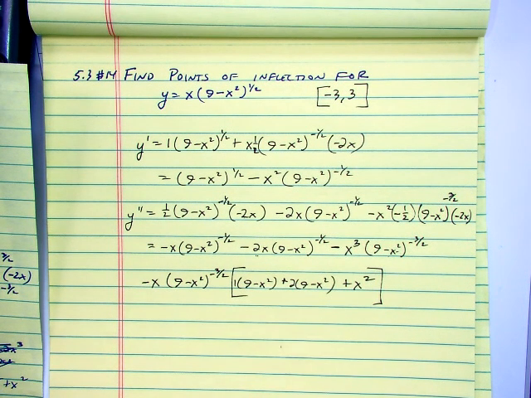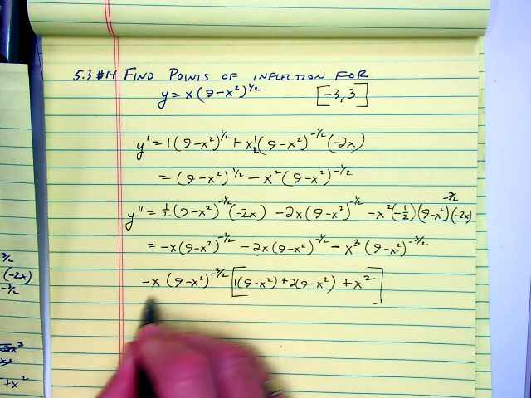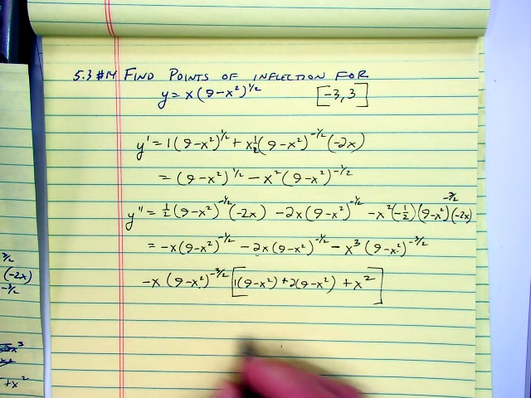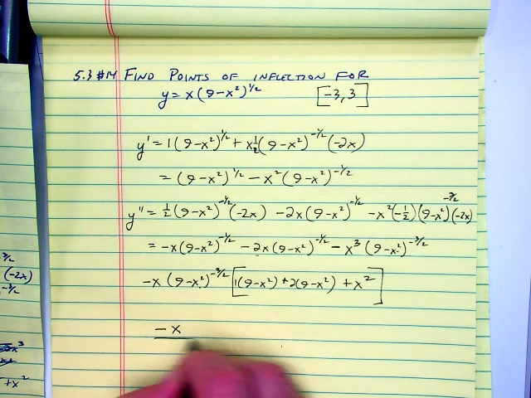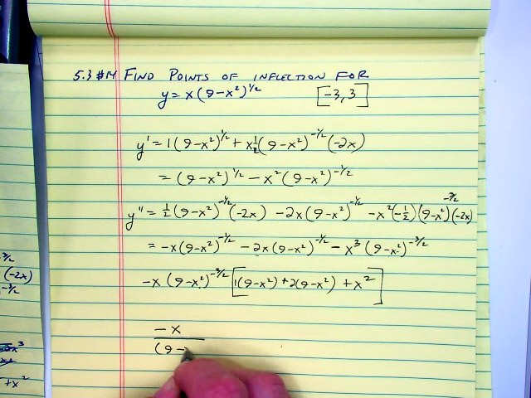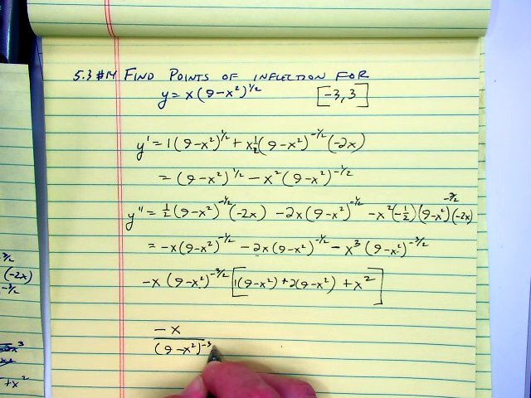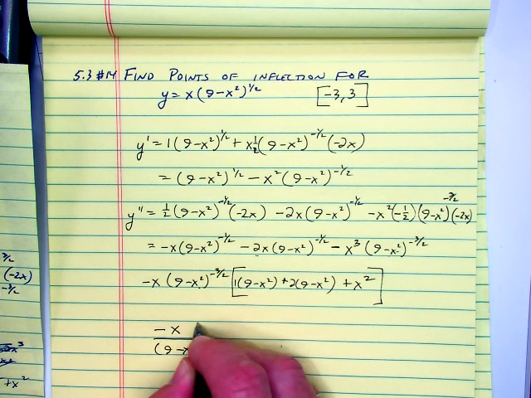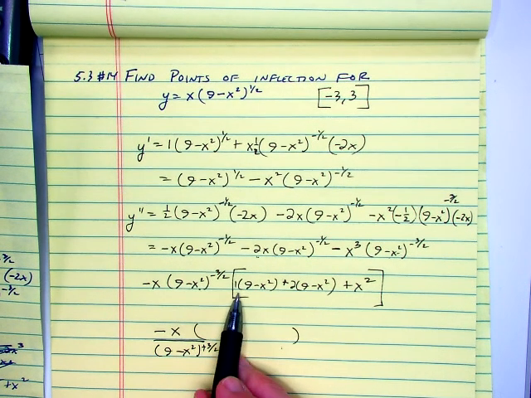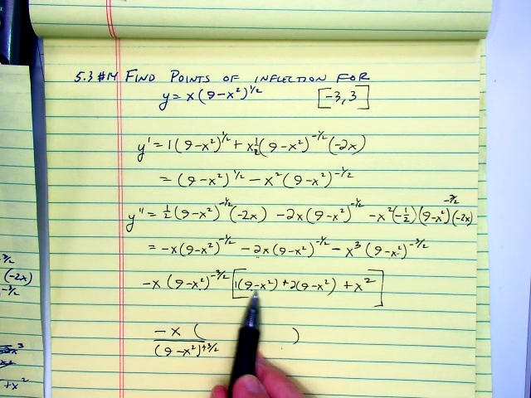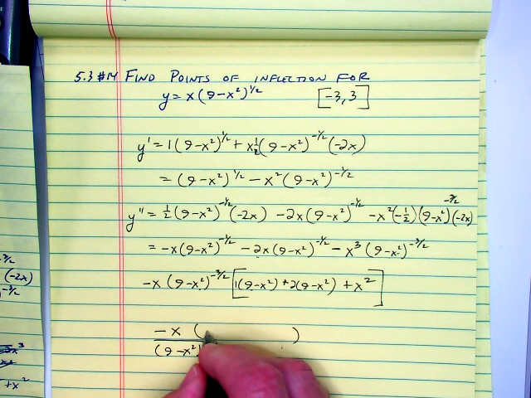Okay, so let's clean this up a little bit. So this goes on the top, this goes on the bottom. So I have a -x, and I have a 9 minus x squared to the -3/2. Oh, positive 3/2 on the bottom. Sorry about that. Here, if I multiply this out, I get a 9 and an 18, gives me a 27.